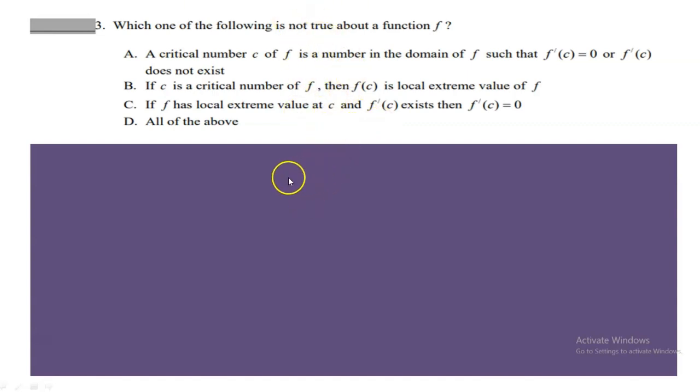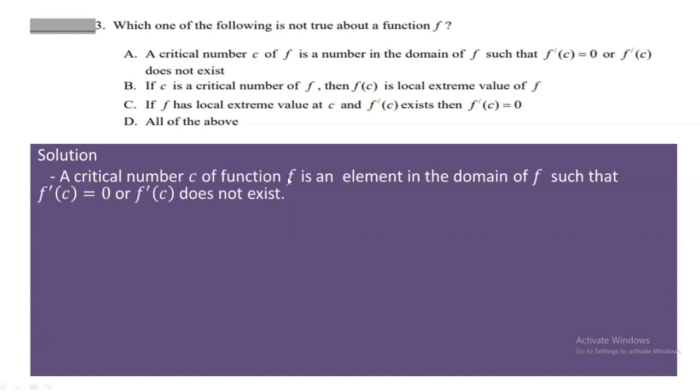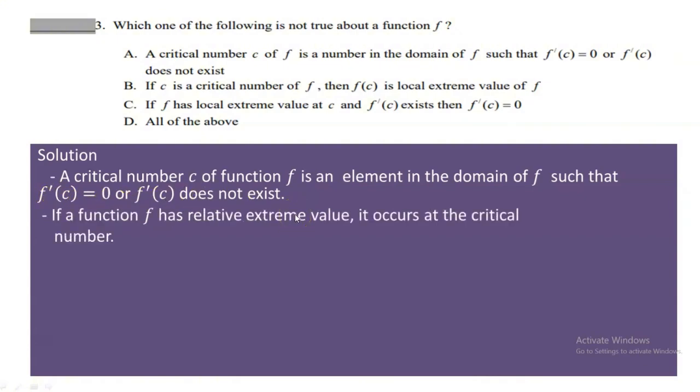Having this into account, when you come to the solution of this one, this is the definition I told you earlier. A critical number is a number in the domain of the function where either the derivative is 0 or the derivative doesn't exist. So if a function has a relative extreme value, it occurs at a critical number.